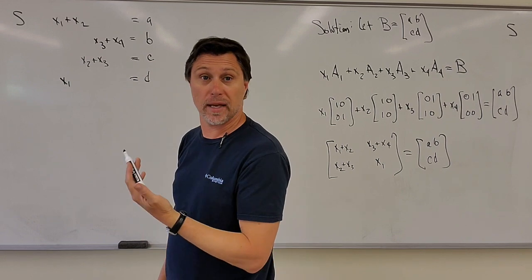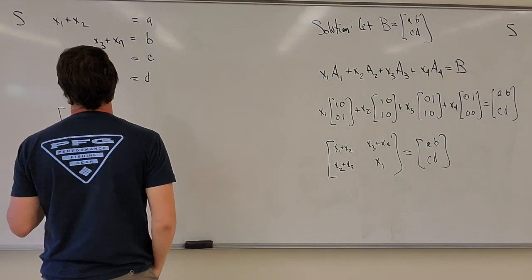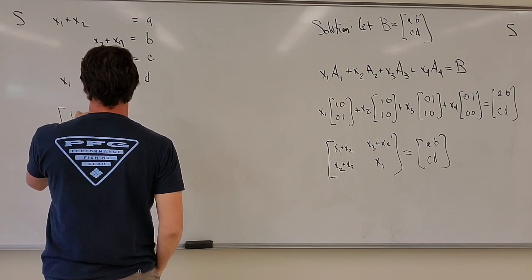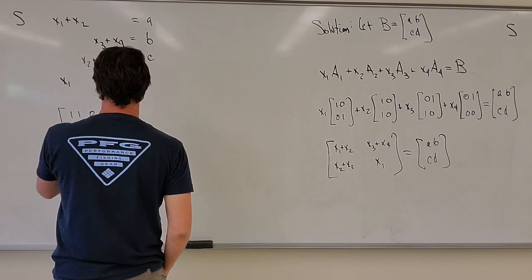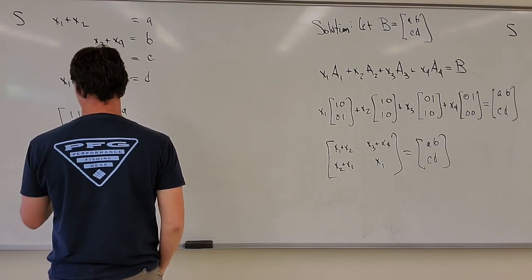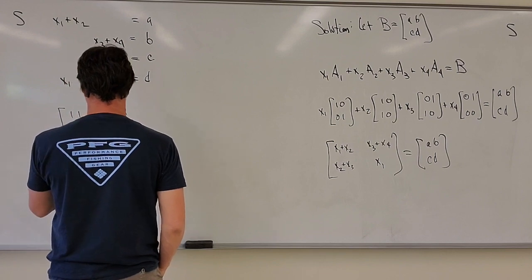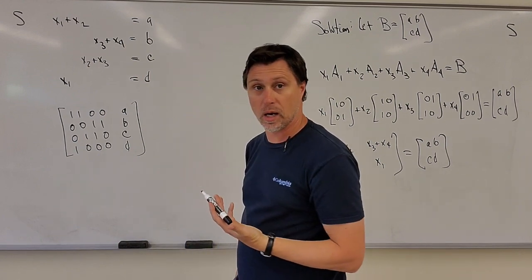What I like to do is replace that with the augmented matrix that corresponds to this system. So I'll have a 1, 1, 0, 0, A, and a 0, 0, 1, 1, B, and a 0, 1, 1, 0, C, and a 1, 0, 0, 0, D. Okay, so there's the corresponding augmented matrix.